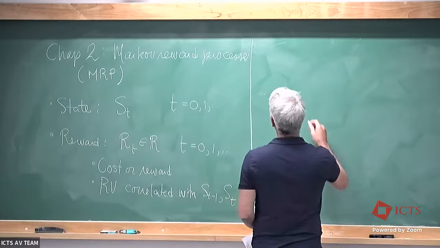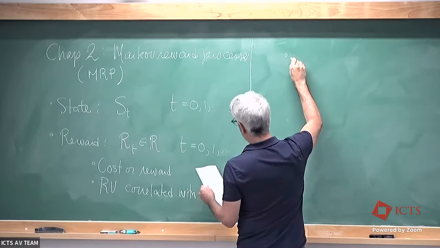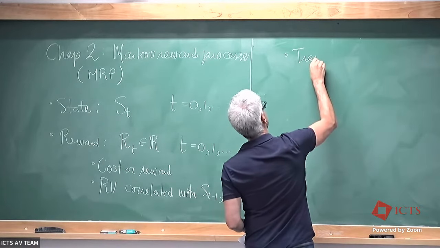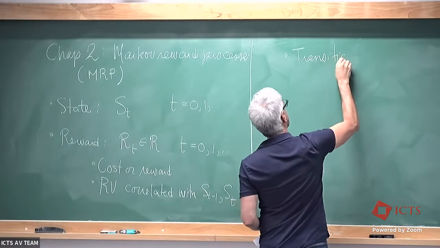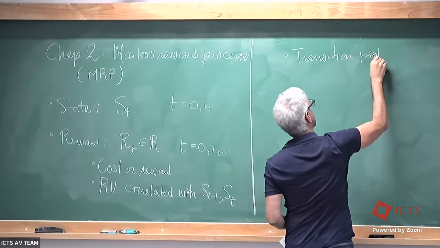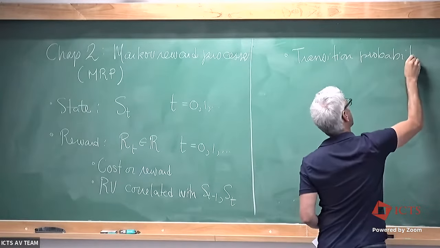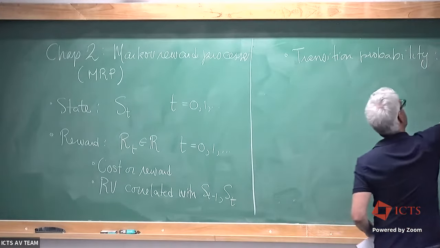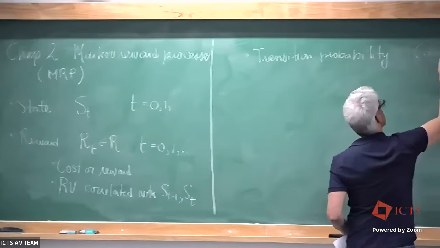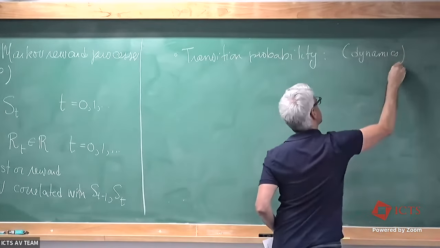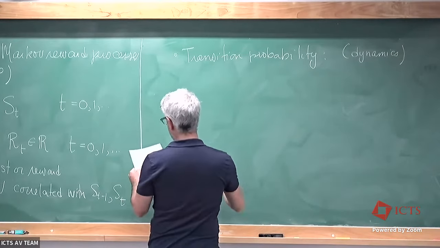The way that the reward is given is via the transition probability for the whole system, including now the reward. This is really the dynamics of the system. If I specify this transition probability, I have the dynamics.